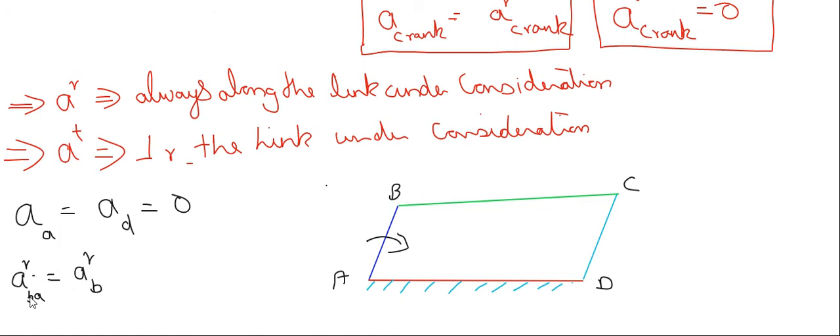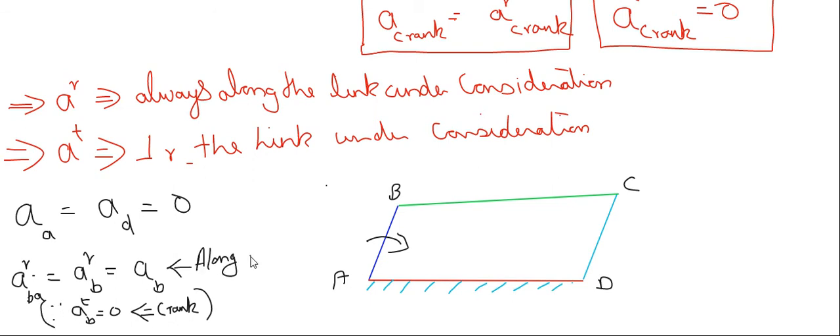Or you can use ARB, the radial component of B with respect to A. That will be equal to A itself, and it will be acting along AB because there is no tangential component. Or you can write, since the tangential component of B will be equal to 0 because it is a crank or the driver link, it will be along link AB.